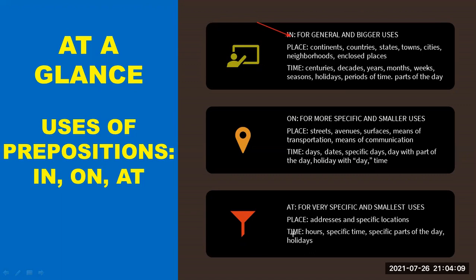In terms of time, you can use at for hours, at 4 p.m., and specific times, specific parts of the day, holidays, and so on. So now let's move on and look at specific examples of this.